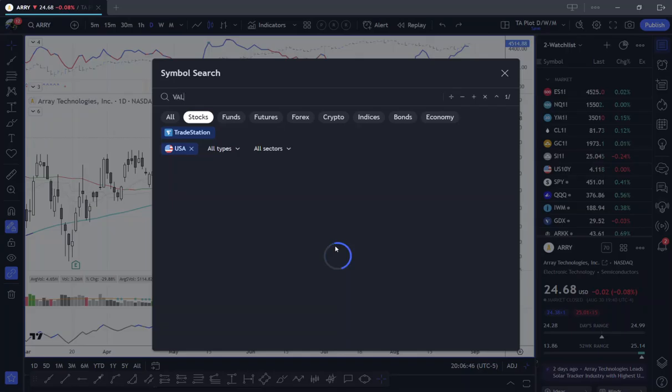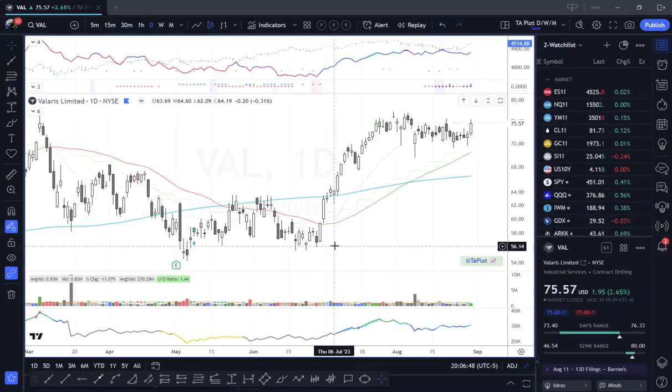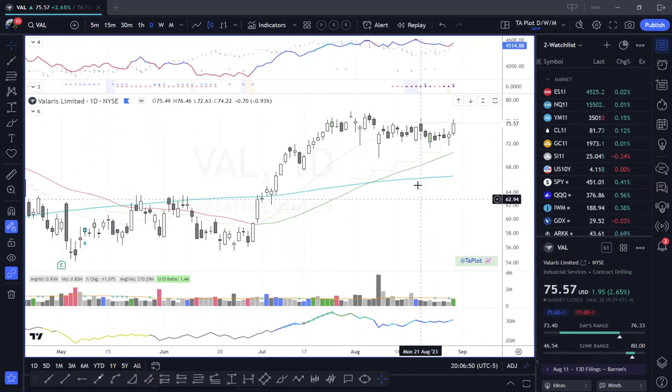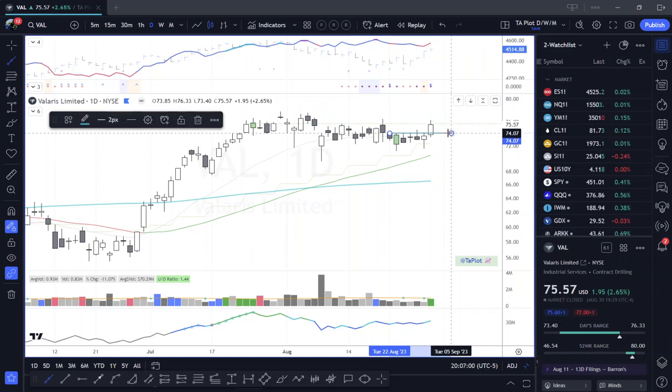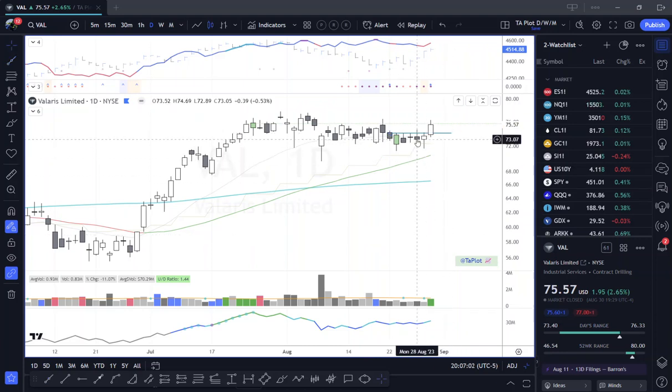I'm in VAL right now, and I bought this today. I bought it right here. I don't have it drawn, but if I draw this here, this is how I have it. I was looking at that on Friday, but why didn't I buy it here? Because the market environment was not right. If you look at my Twitter feed, I've been holding, holding, holding.